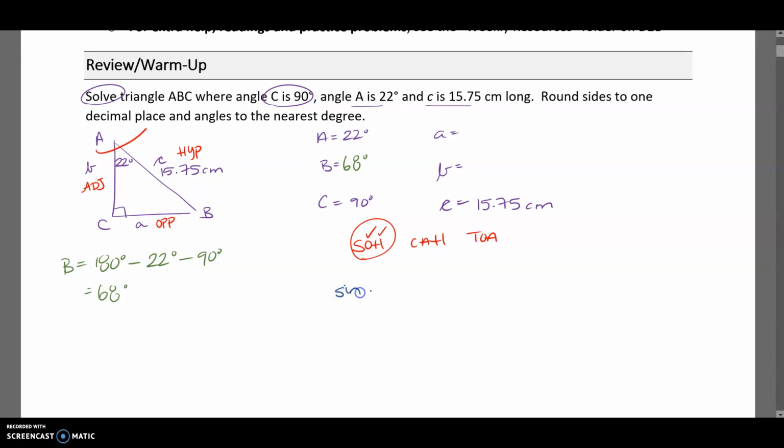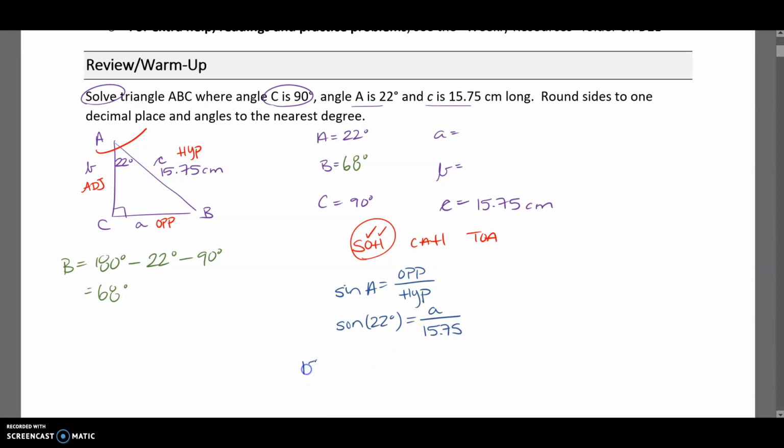So sine of an angle is the opposite side over the hypotenuse. Subbing in what I know, sine of 22 degrees is the opposite side, which is what we're trying to find, side A, over the hypotenuse, 15.75.